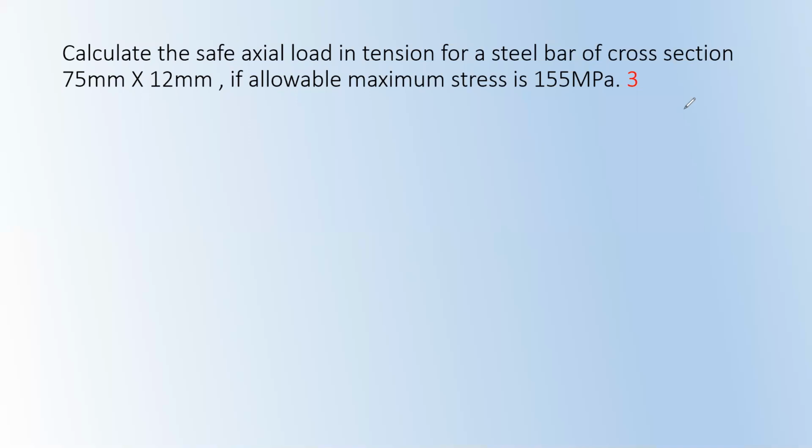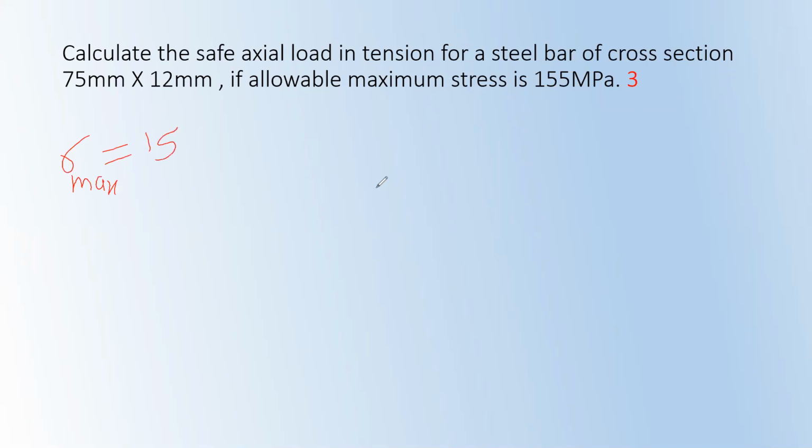What they say: calculate the safe axial load in tension for a steel rod of cross-sectional area 75 mm into 12 mm if the maximum allowable stress is 155 MPa. So what they have provided you, dear friends, is sigma max, meaning the maximum stress the material can take.